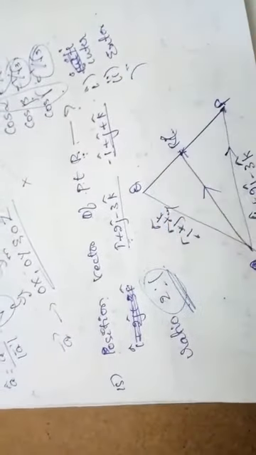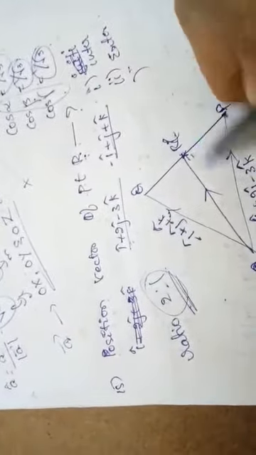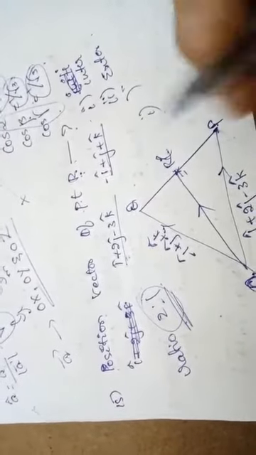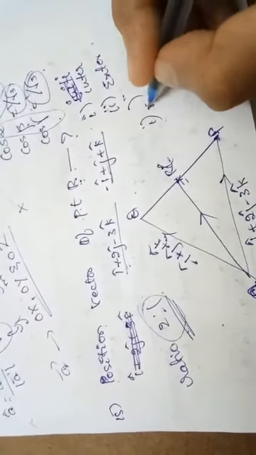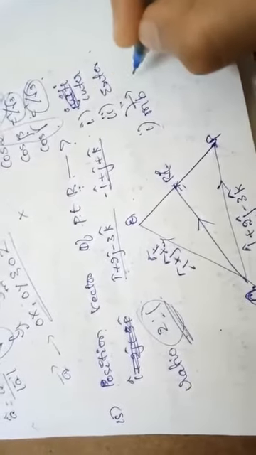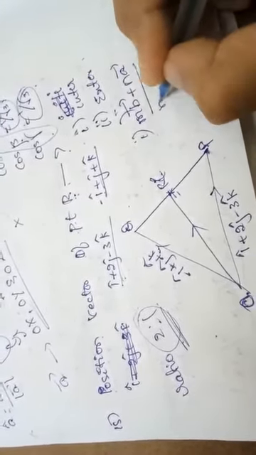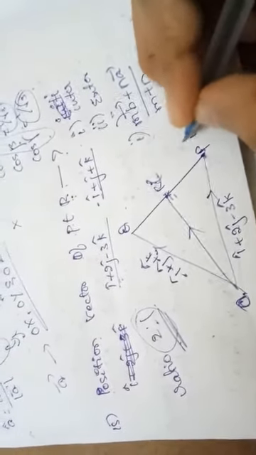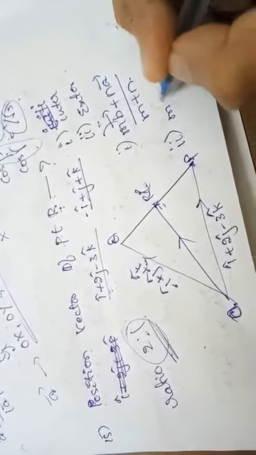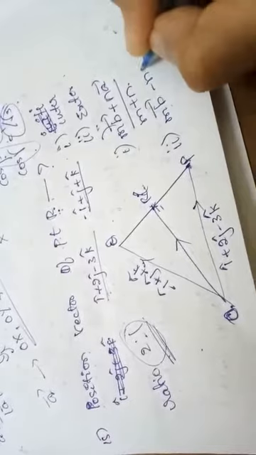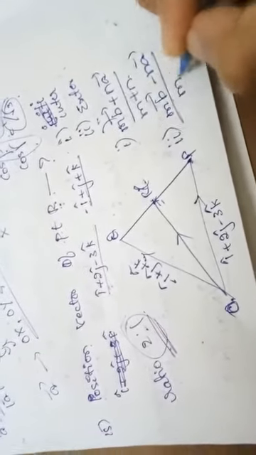So first thing, when it is dividing internally, the formula is m b vector plus n a vector divided by m plus n. When it is dividing externally, we had the formula m b vector minus n a vector divided by m minus n.